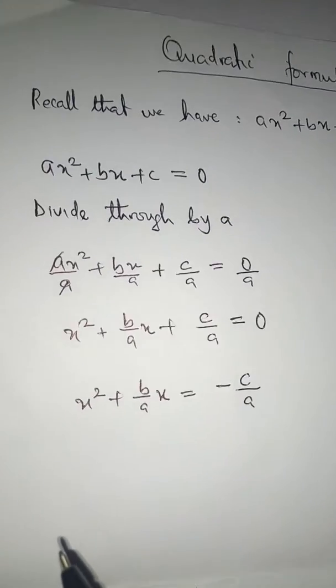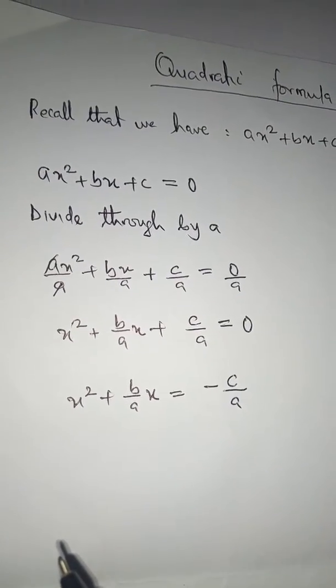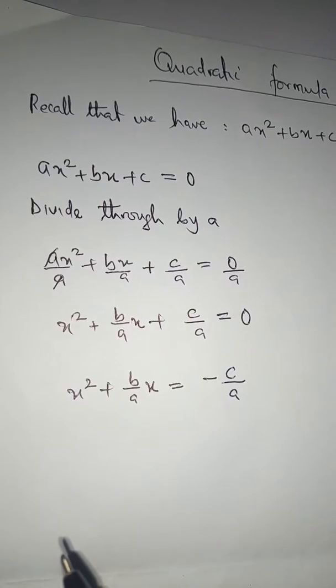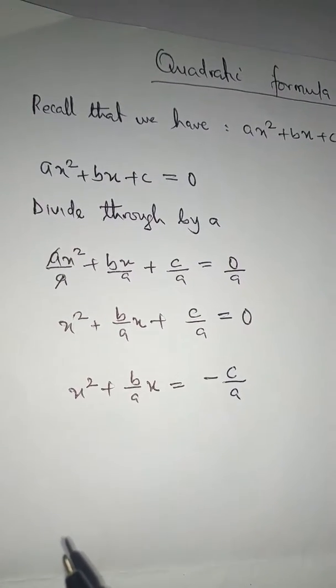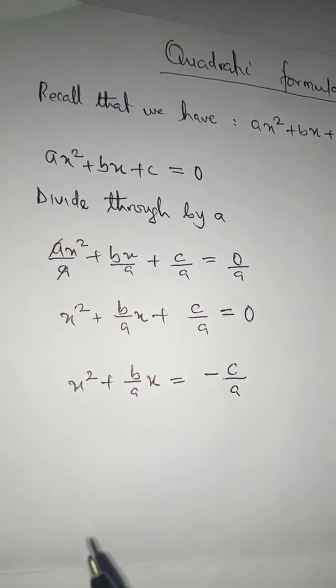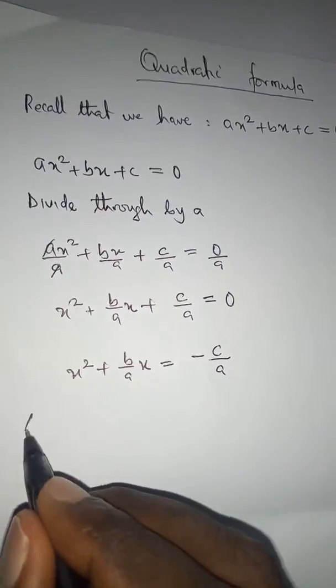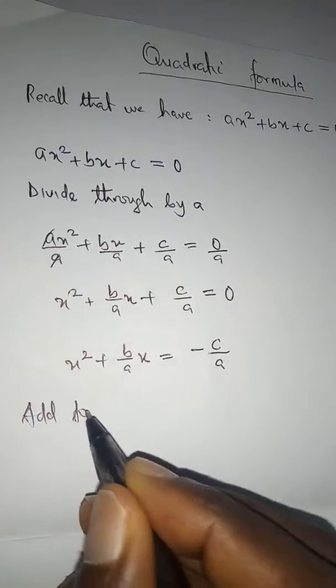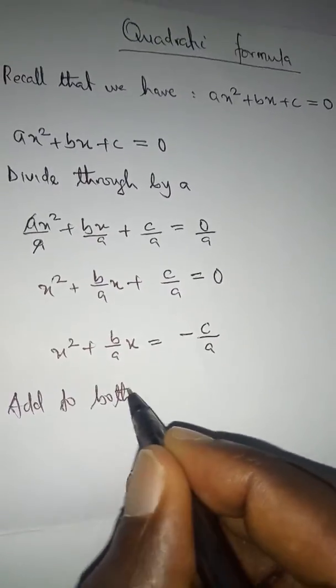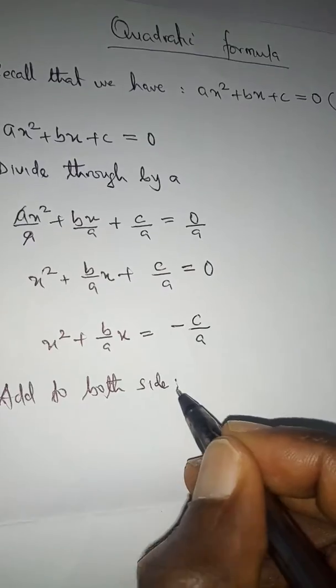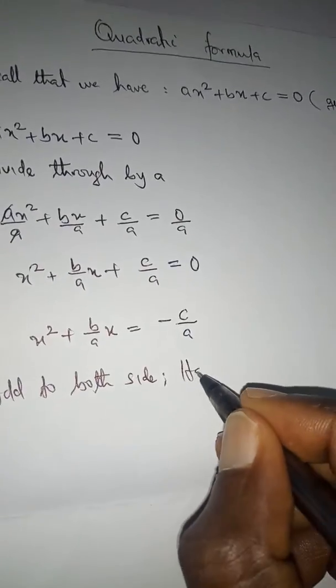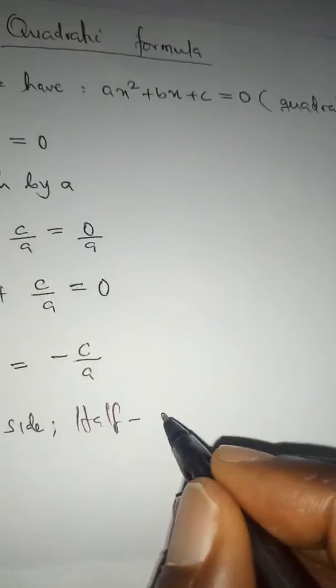Like I've said in the previous video, you need to find half squared of the coefficient of x. You need to compute that. Now, add it to both sides. What are we adding? Half squared of the coefficient of x.